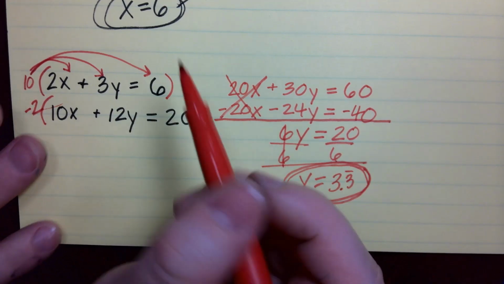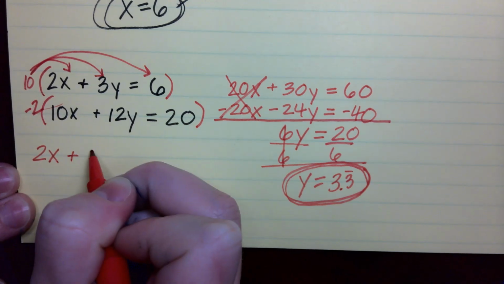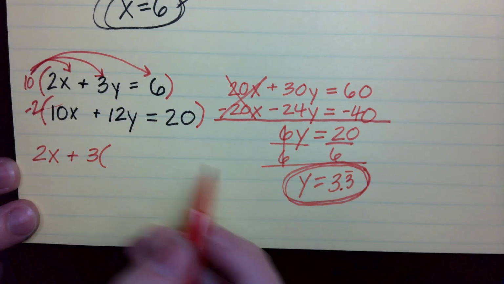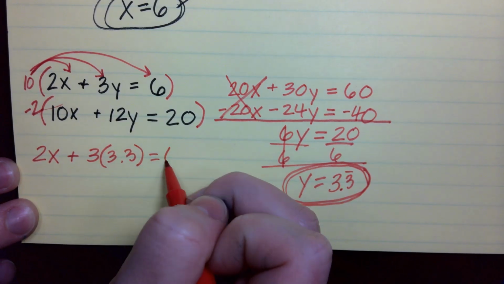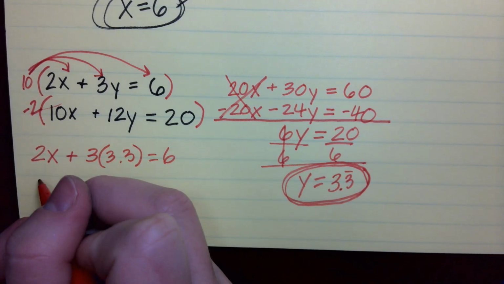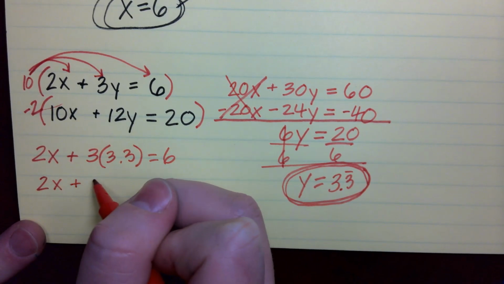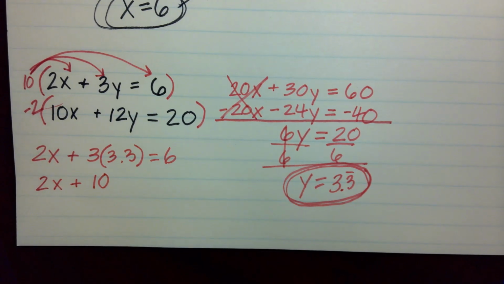Let's use that top equation. Let's do 2x plus 3 times y, which is 3.3, equals 6. That's funny. If you have, let's say, that's repeating 3 forever, 3 times 3.3 repeating is 10.